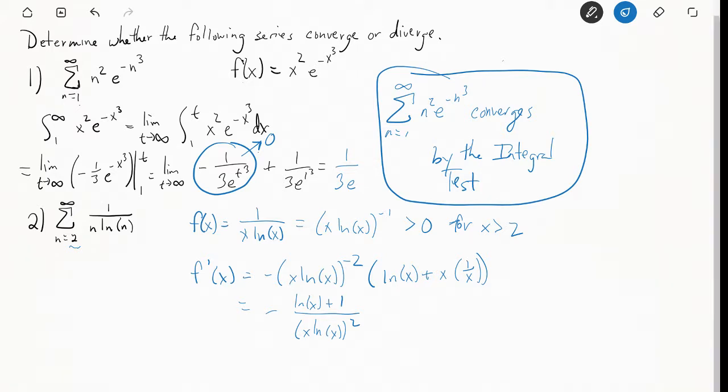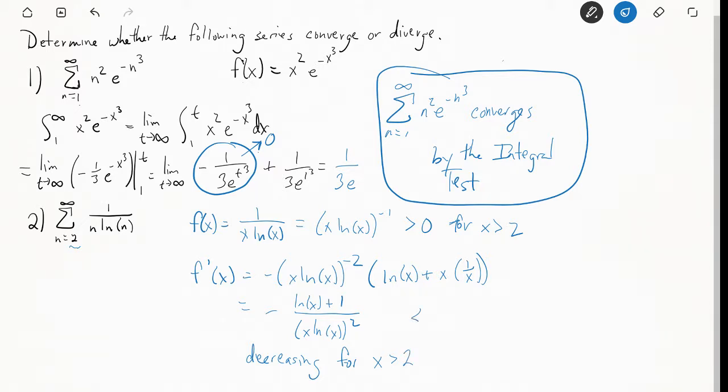And then down below we're going to have a positive number. So you have a positive over positive with a negative symbol out in front. So this is decreasing for x greater than, well, actually all we need is x greater than 2.